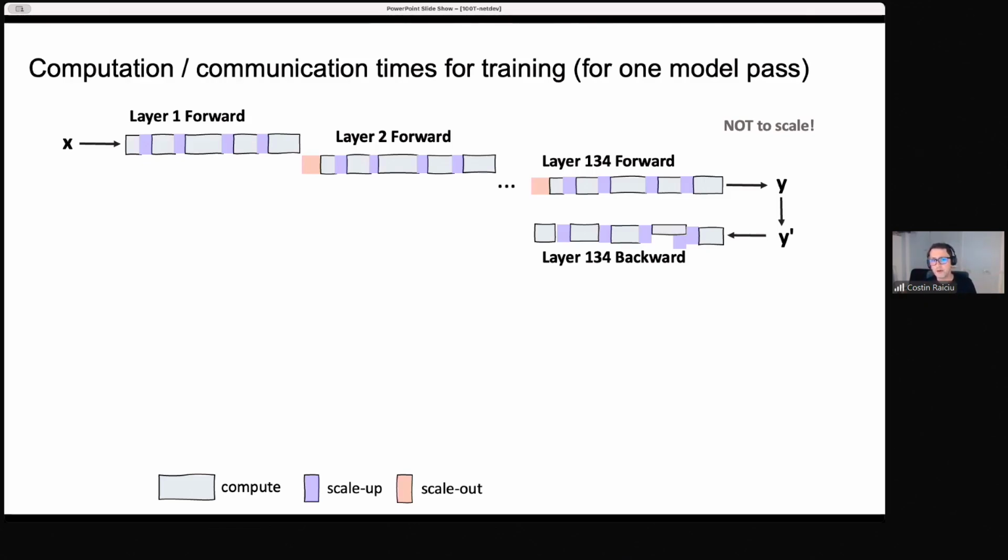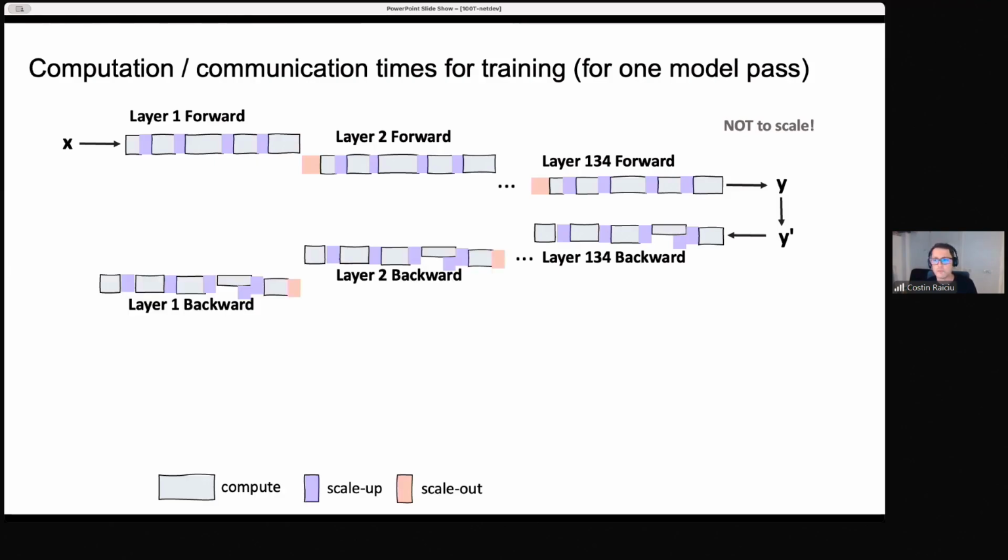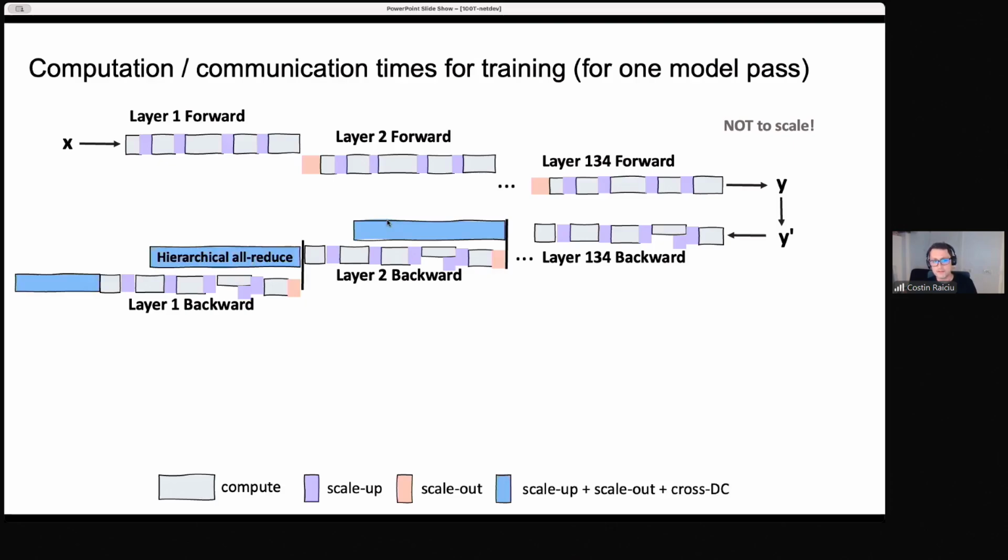So then there's this backward pass where basically you're taking the outputs and you're plugging them in the model all the way back. And again, you have some scale out communication and then quite a bit of scale up communication. Now, what is interesting is that because you have many replicas of this model, when you're doing this backward pass for each layer, you'll have to synchronize its gradients with all the other replicas.